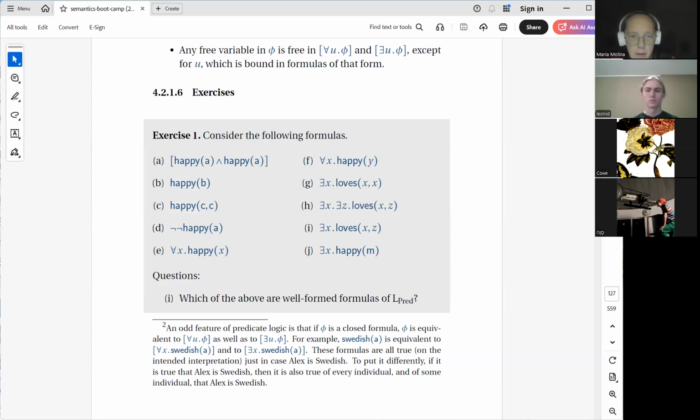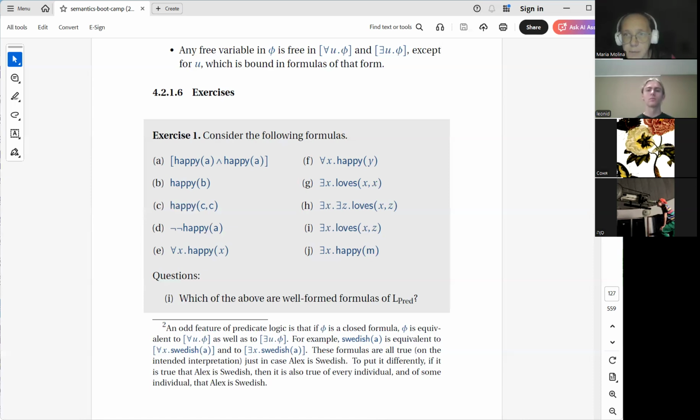Happy is unary, so. And look, loves is normally binary. It's a binary predicate, right? But well, syntactically, we are fine if it's loves x x, right?